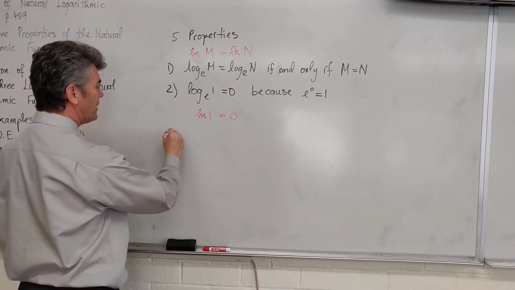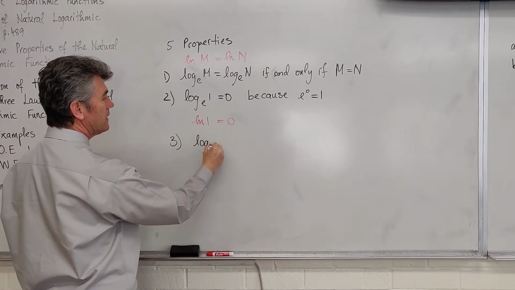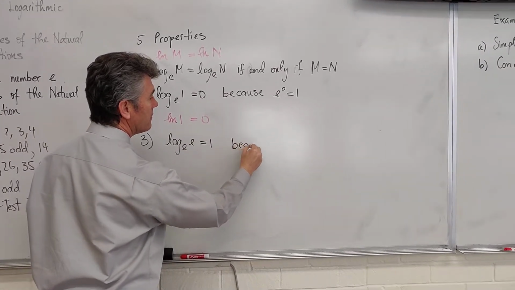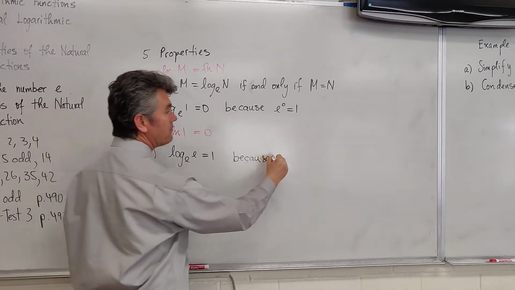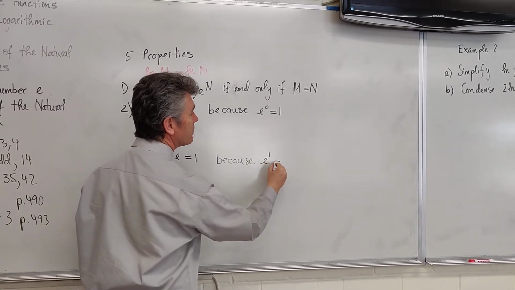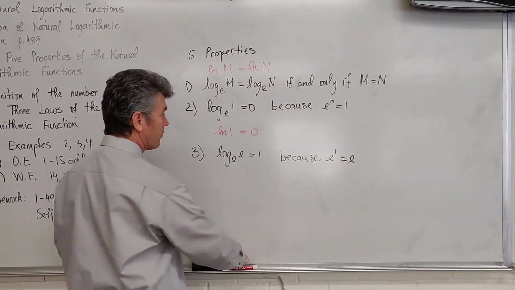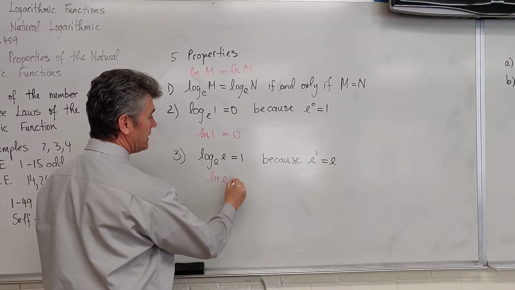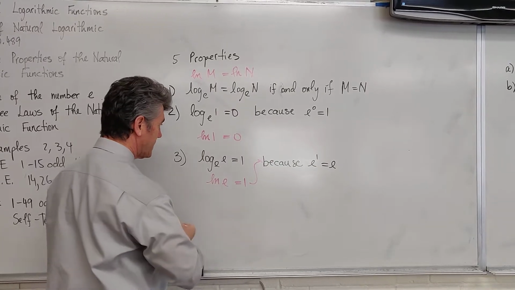The third property will be log base e of e is equal to 1 because, remember, this is the base, this is the exponent, because you need to raise e to the first power to get e. Like I said, other books will write this as natural log of e is equal to 1. The reasoning is exactly the same.